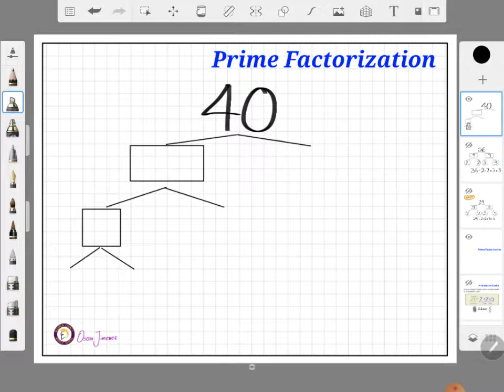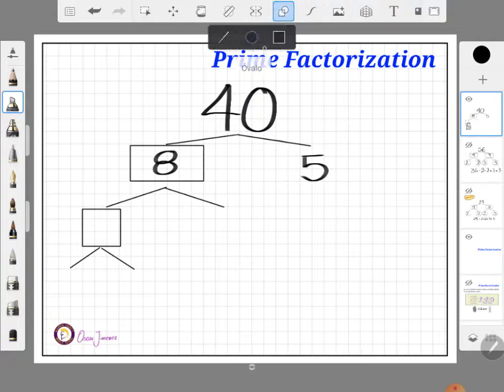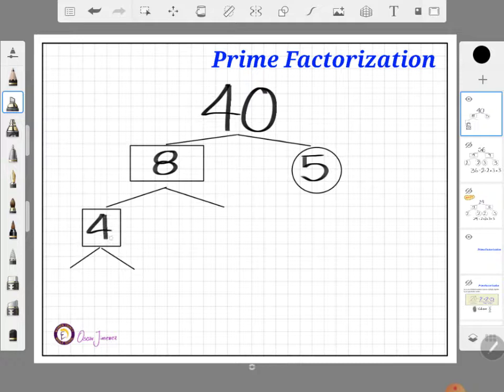I'm going to use the number 8 and the number 5, because 8 times 5 will be 40. Now, sometimes you will find a prime number the first time, so you can circle the prime number here, but you have to continue with the other number, because it is not a prime number. So 8 should be written as 4 times 2.